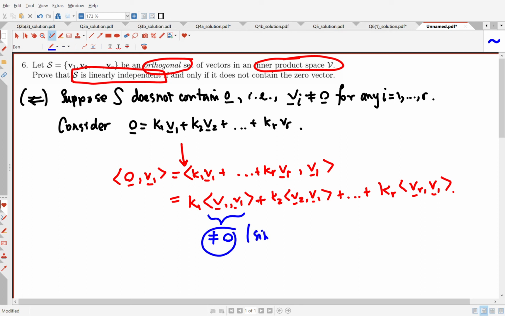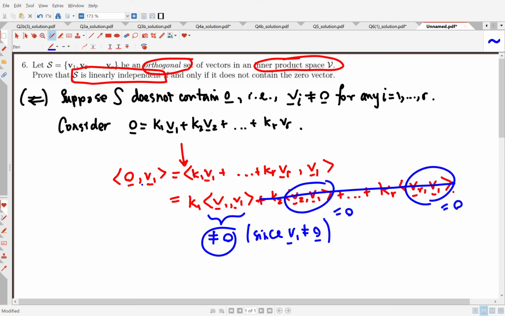Since my v1 is not the 0 vector. How about the others? This is equal to 0, and so on until here it is equal to 0. So everything here will be 0, so I will get this thing only.